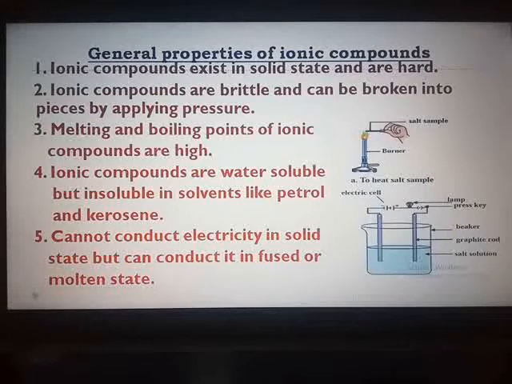Now, the different types of questions possible here are: a direct question, give any 2 to 3 properties of ionic compounds, for 2 or 3 marks. Here there can be a give-reason: melting or boiling points of ionic compounds are high, why are they high? Or, the third case, the paragraph given in your textbook on page number 98.